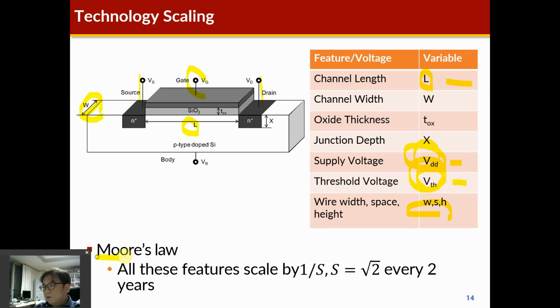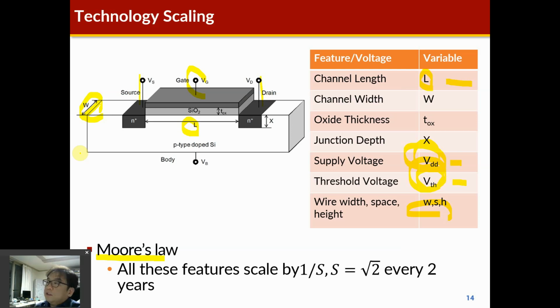And then what is Moore's law? Moore's law is that the size of the transistor is shrunk over the years.